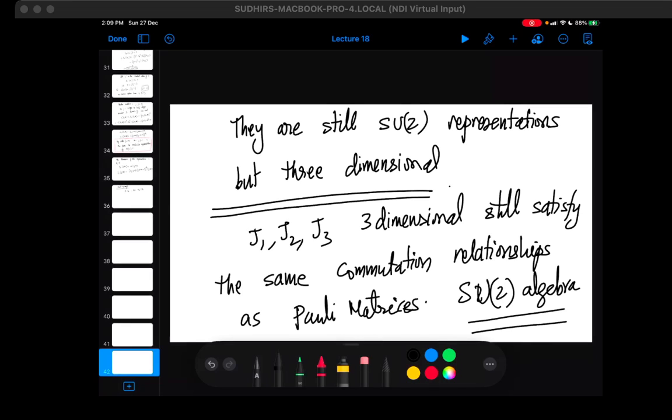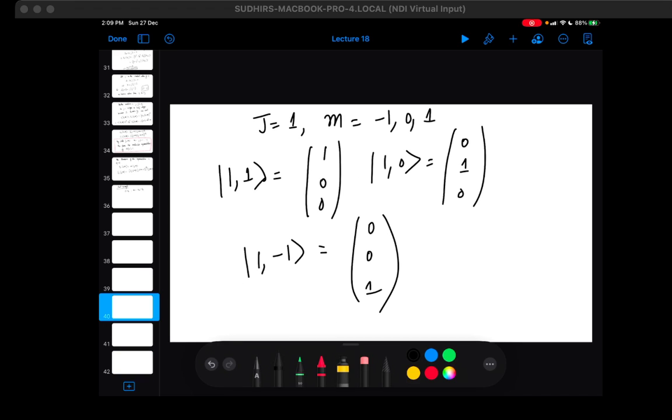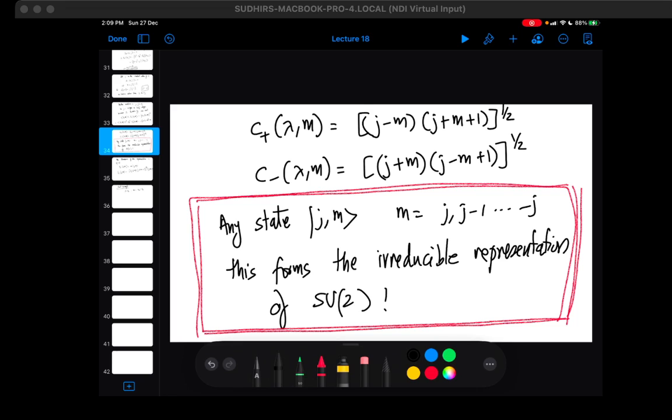So what we have seen today is a way of using the angular momentum algebra to construct representations, which are irreducible representations of the SU2 algebra.